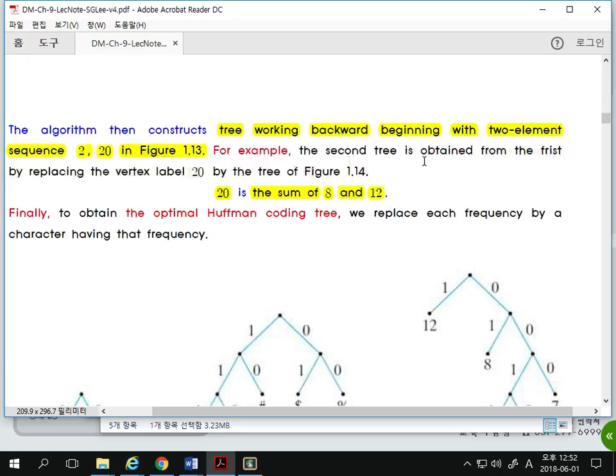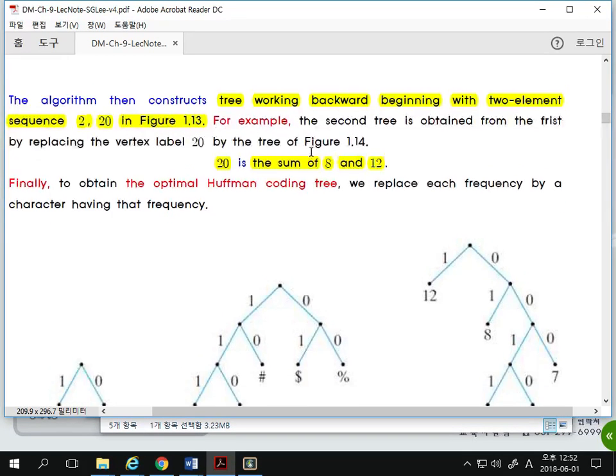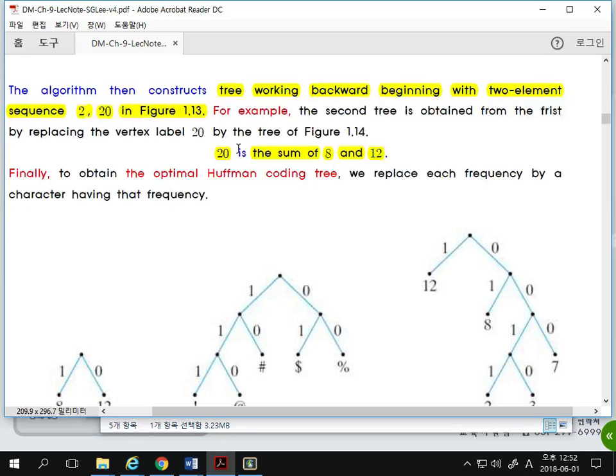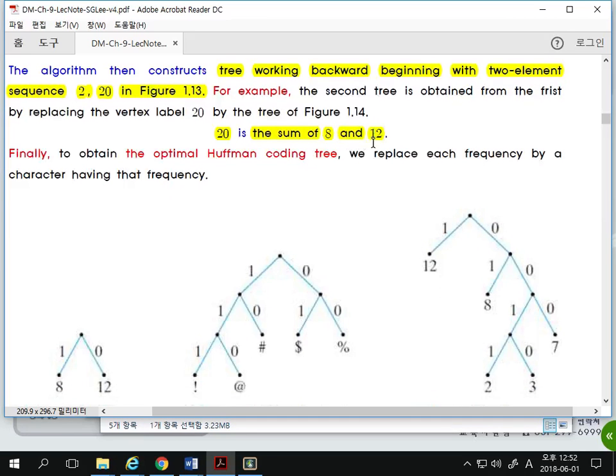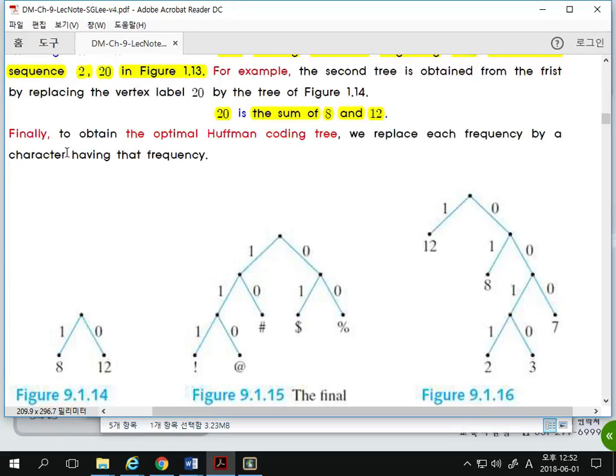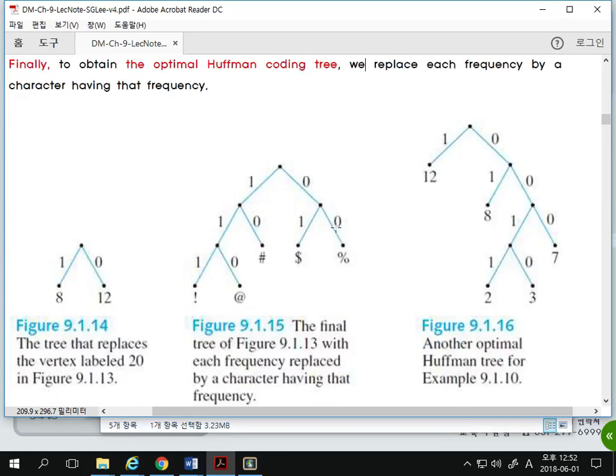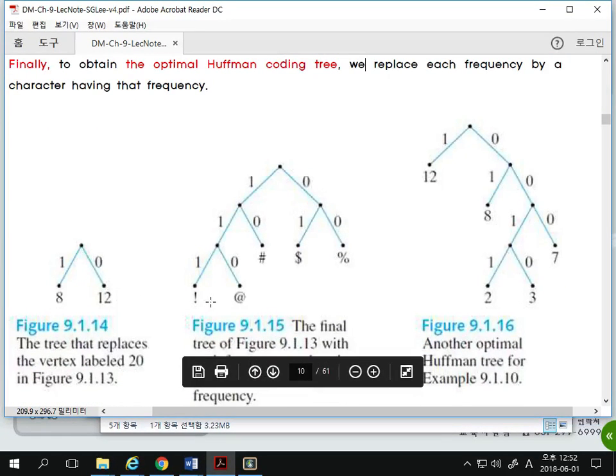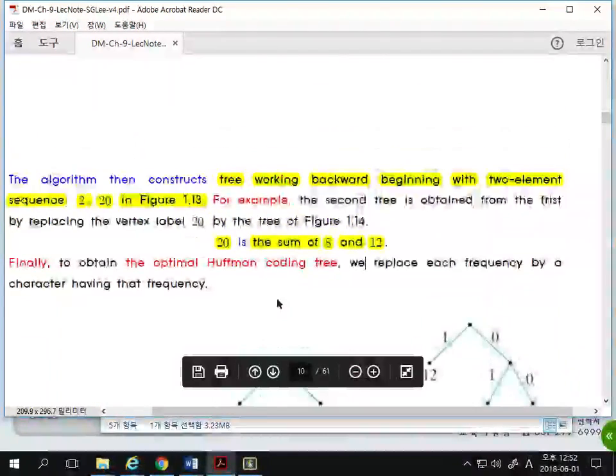For example, the second tree is obtained from the first by replacing the vertex labeled 20 by the tree in figure 1.14, as 20 is the sum of 8 and 12, and finally to obtain the optimal Huffman coding tree, we replace each frequency by a character having that frequency, like what you see here.